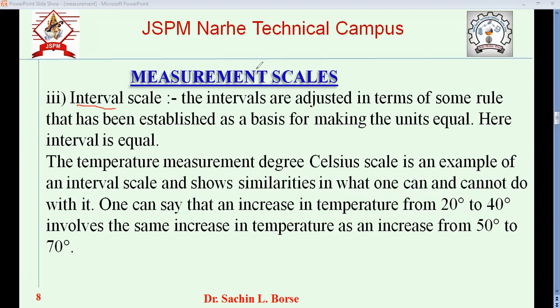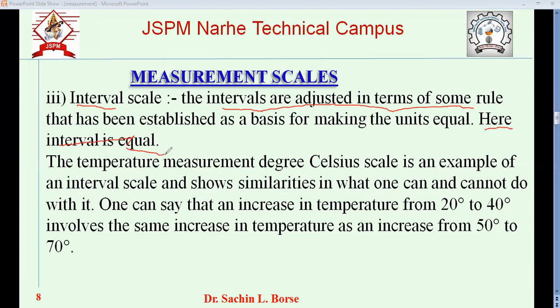So intervals are adjusted in terms of some rule, and there will be a fixed difference between the numbers. The difference between two neighboring values will be the same. Here we say that the interval is equal.